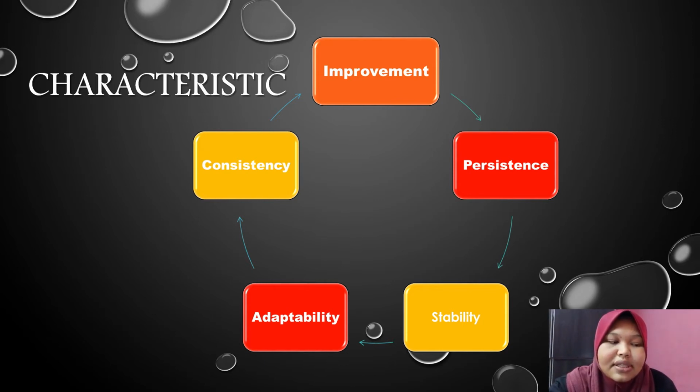Third one is stability. Stability is performance more resistant to perturbation, both internal and external. Internal perturbation includes stress, such as when performing under pressure. External perturbation includes environmental factors such as the wind or an obstacle.